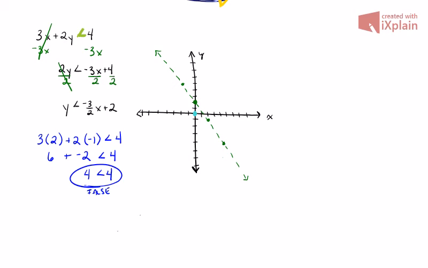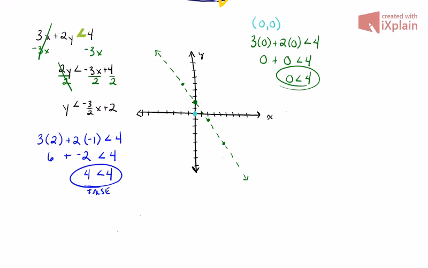So with my origin point, I'm going to do 3 times 0 plus 2 times 0 is less than 4. 3 times 0 is 0, 2 times 0 is 0, and then 0 plus 0 will also be 0. So again, we want to ask ourselves, is 0 less than 4? Is that true? And hopefully we're all in agreement that yes, it is.